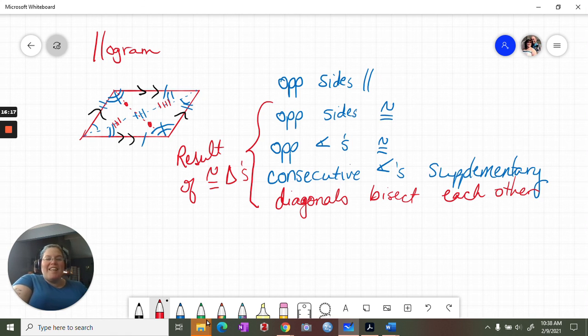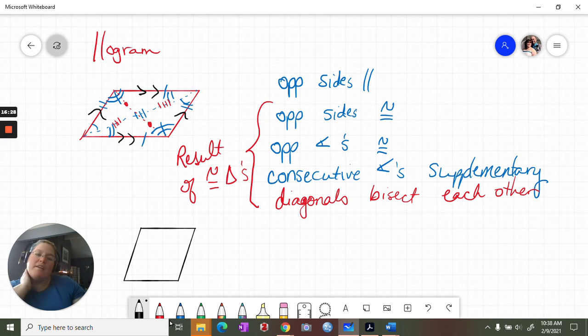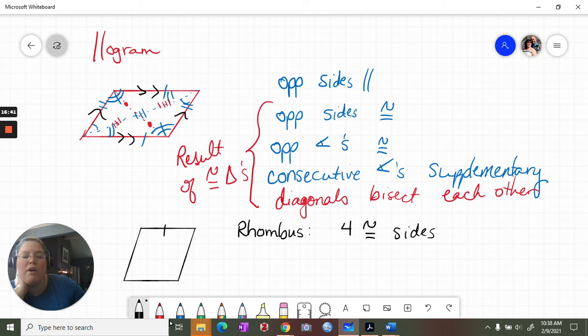What changes if we have a rhombus? If I have a rhombus, the only thing that changes is a slight shift in the definition. It is a quadrilateral with 4 congruent sides. So all 4 of these sides will be equal. So what happens when I divide this into 2 triangles? We end up with 2 congruent triangles by side congruence.